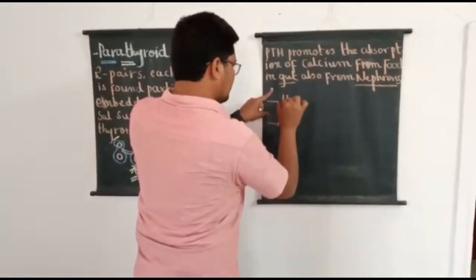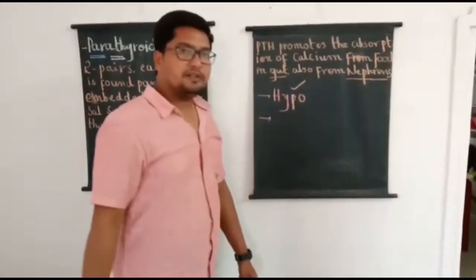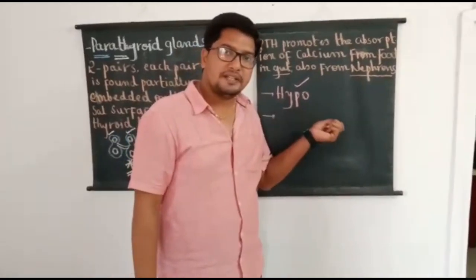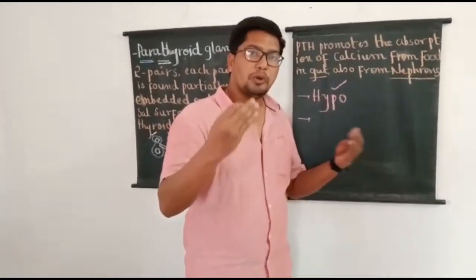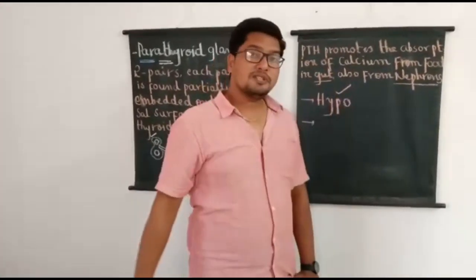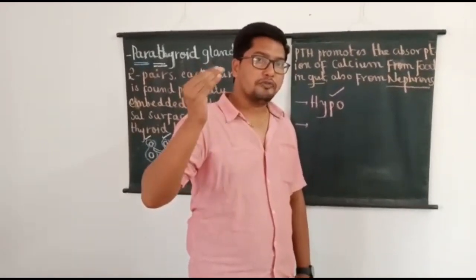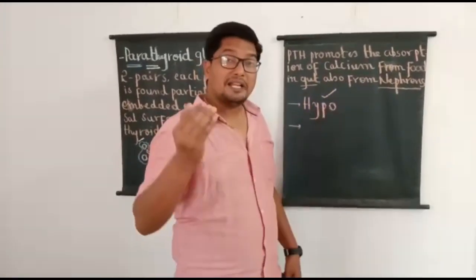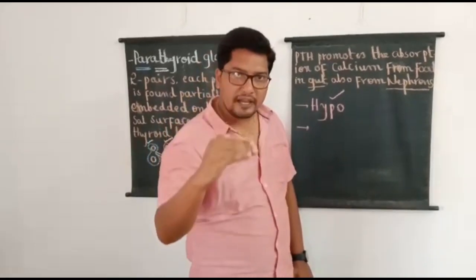First, hyposecretion of PTH means whenever in the human blood PTH level decreases, what is the main problem? I already told you PTH always promotes absorption of calcium from the wall of the gut and also from the nephron. So whenever PTH level decreases, calcium absorption also decreases and it lowers what now?